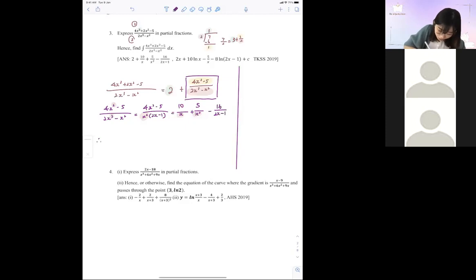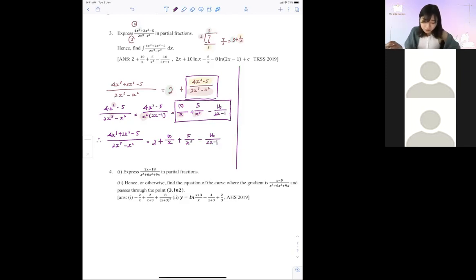Therefore, 4x cubed plus 2x squared minus 5 over 2x cubed minus x squared is equal to 2 plus this whole bracket here. You have simplified it and broken it into three smaller fractions. So just change it. This is the complete partial fraction.